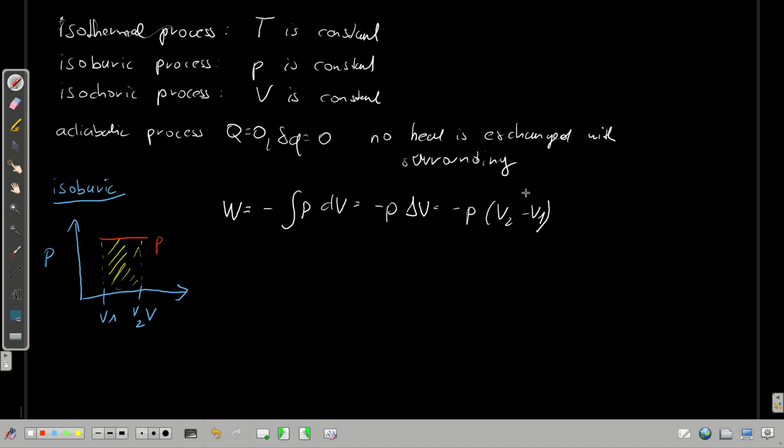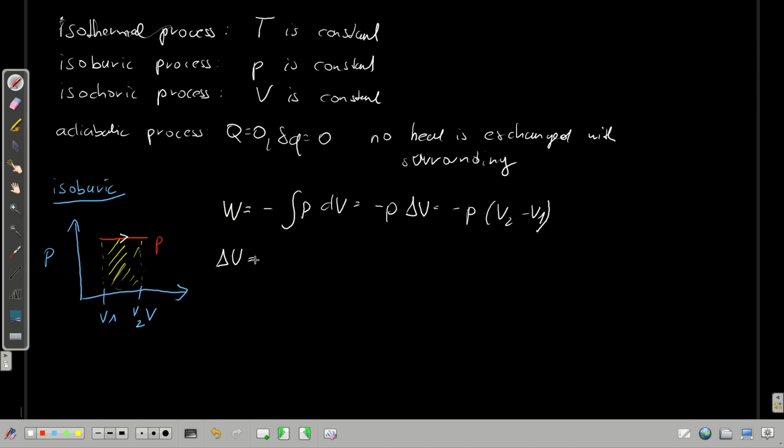And in our case, if we go in this direction, we expand the gas, then V2 minus V1 is positive, then the work is negative because the gas has performed work on its environment. Per convention, in such a case, W has to be smaller than 0.